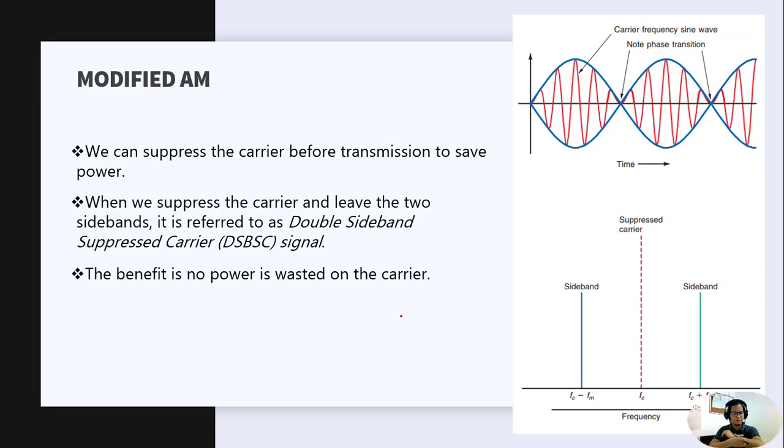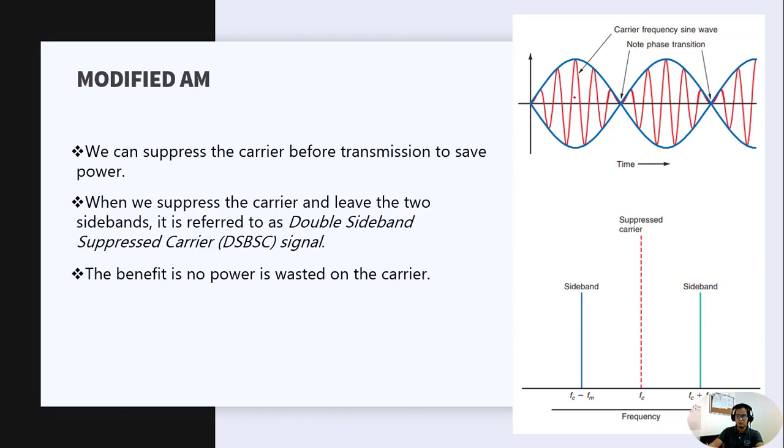So, dahil hindi naman natin kailangan yung carrier, or rather, yung information wala naman sa carrier, then pwede naman nating i-suppress yung carrier before natin i-transmit para hindi na masasayang yung power natin. If we're gonna suppress the carrier, then it will leave us with 2 sidebands. So, ito na lang siya. Ito sa time domain. So, mawawala na yung carrier, 2 sidebands na lang.